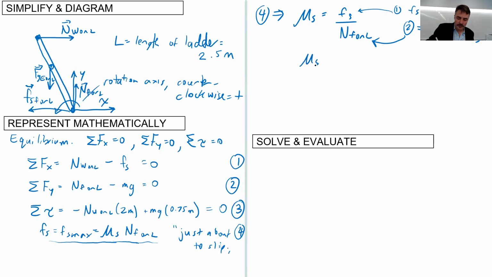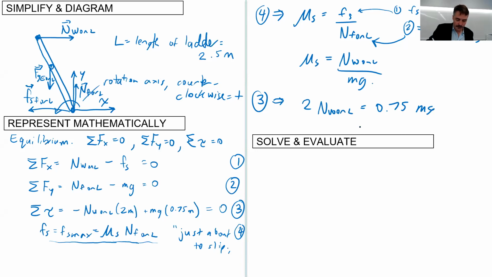So that means that the mu sub s is equal to the normal force of the wall on the ladder divided by mg. So all we need to do is use the torque equation 3 to find the normal force of the wall on the ladder. So 2 times the normal force of the wall on the ladder is equal to 0.75 mg. So the normal force of the wall on the ladder is equal to 0.75 divided by 2 times mg.